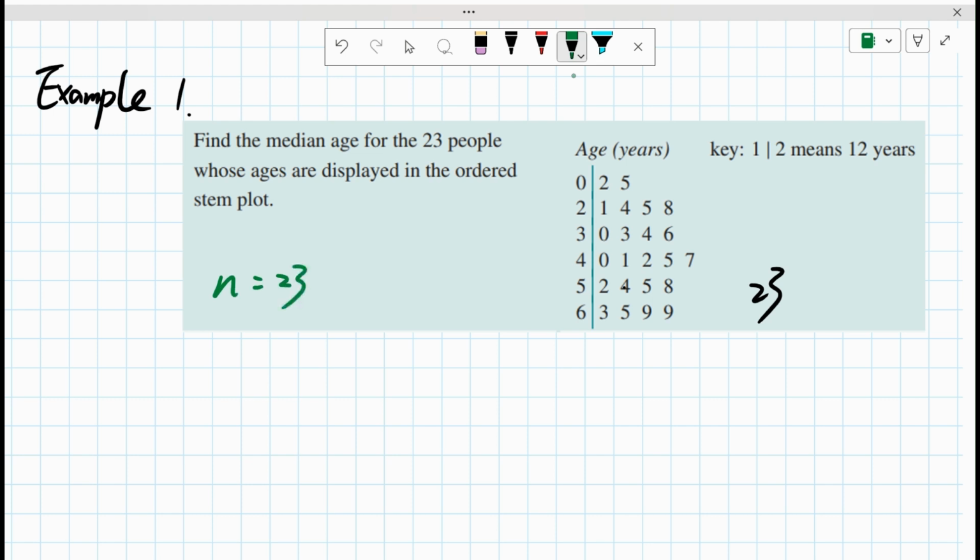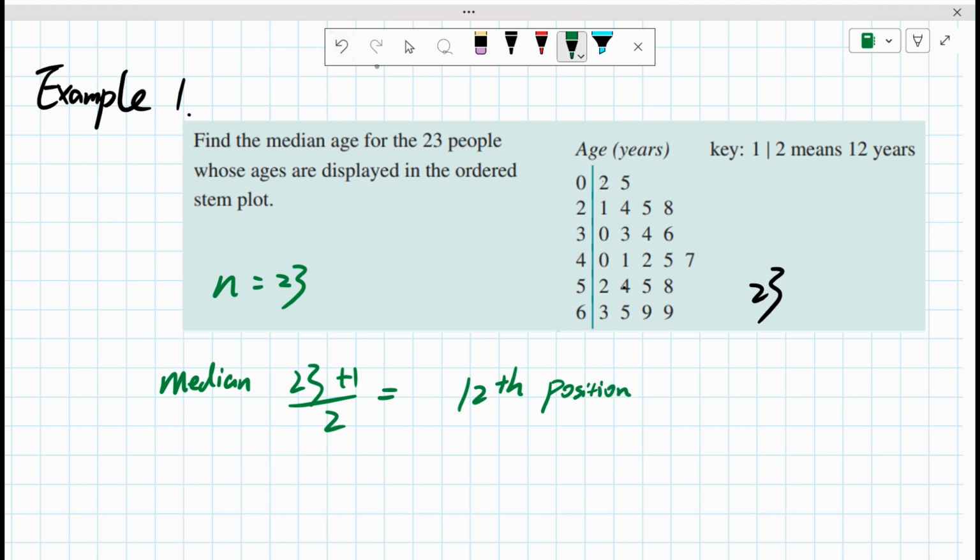Stem plot. So your median number will be 23 plus 1 divided by 2, which is the 12th position. So the 12th position number will be your median.